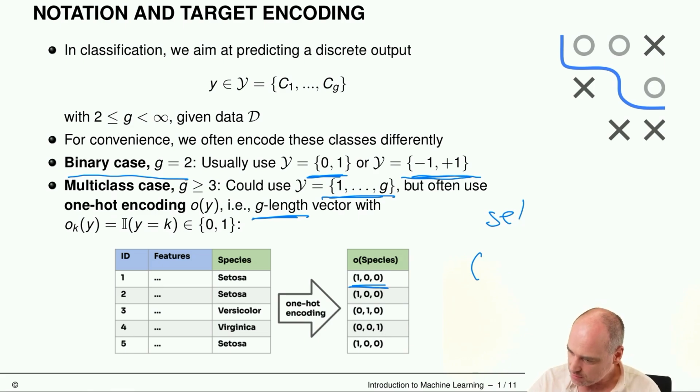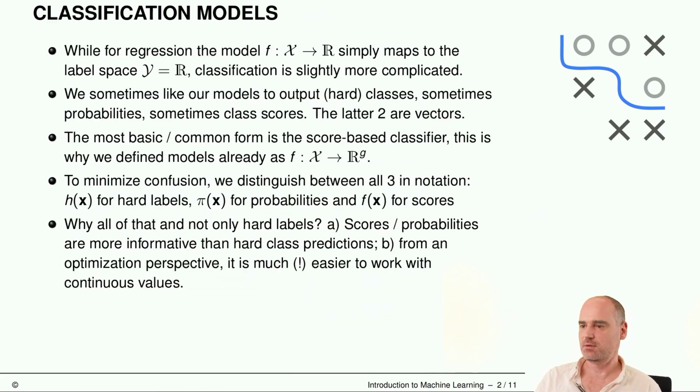Okay, so let me remove a little bit of the scribbling so we can go on and enable the pen tool again. Okay, I guess it works. So we discussed regression before, and in regression our model f simply maps to a real valued output space.